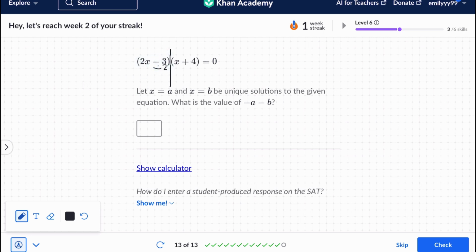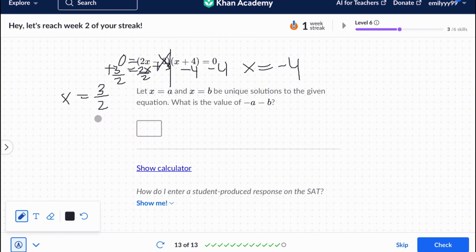Basically each factor is equal to 0 here. So plus 3, and then 3 is equal to 2x. So one side x is equal to 3 over 2. Again, you can put this into the calculator and that'll just give you the answer. And then this side is minus 4 on each side, so x is equal to negative 4.